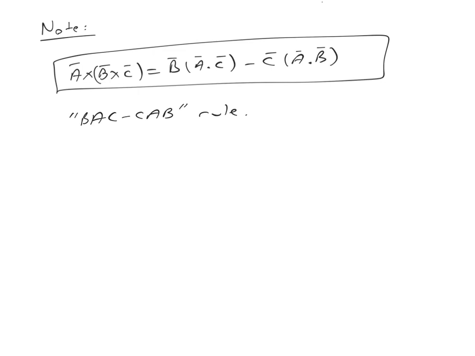You can prove this equality by using the cross product operation, and I want you to memorize this equality because we'll use this equality in future lectures and future examples.